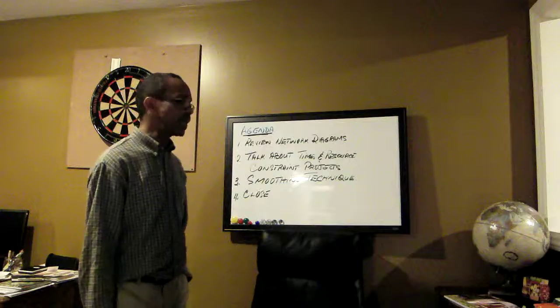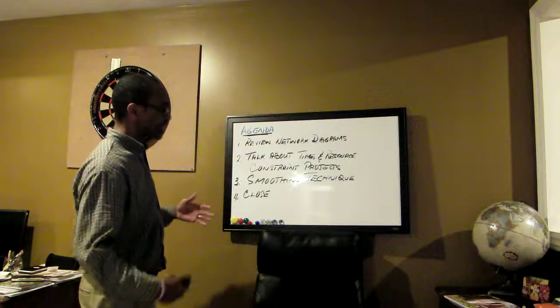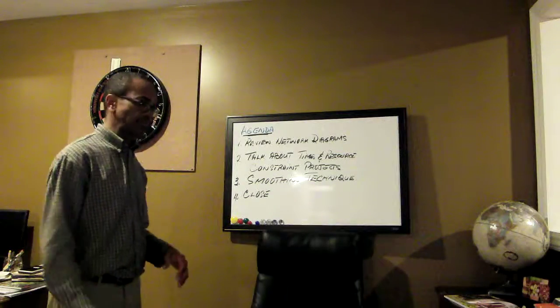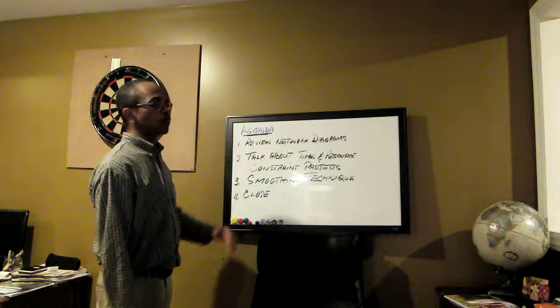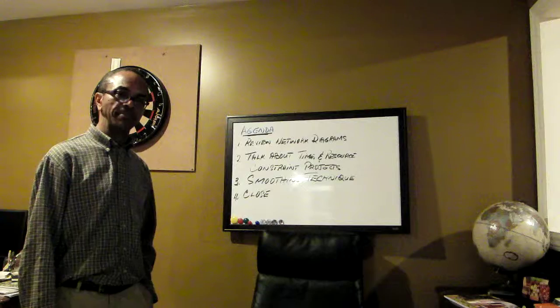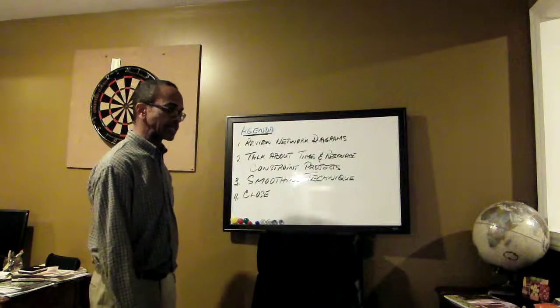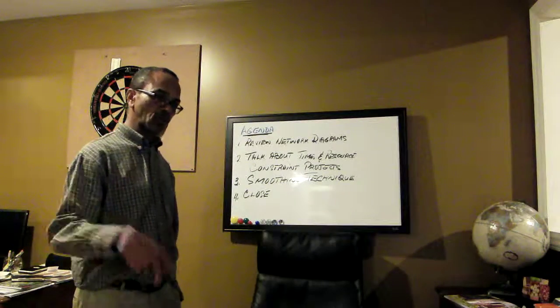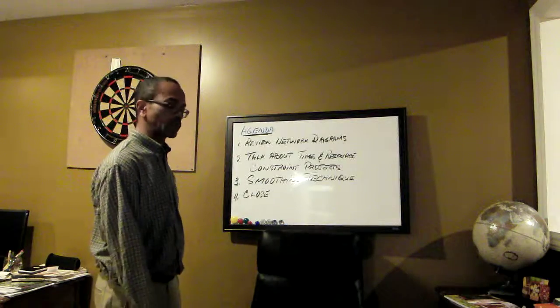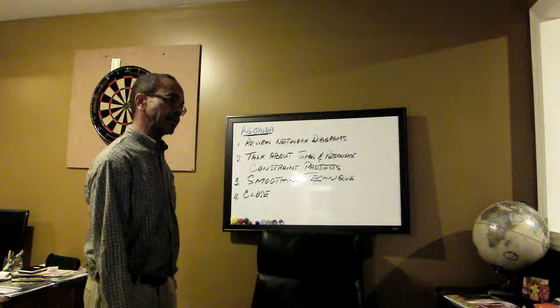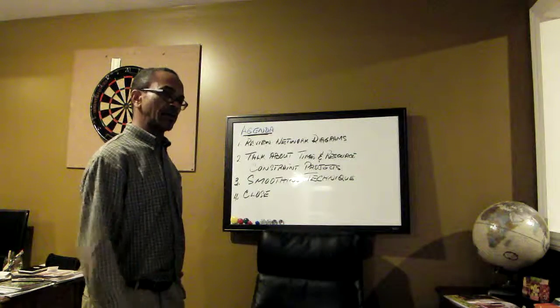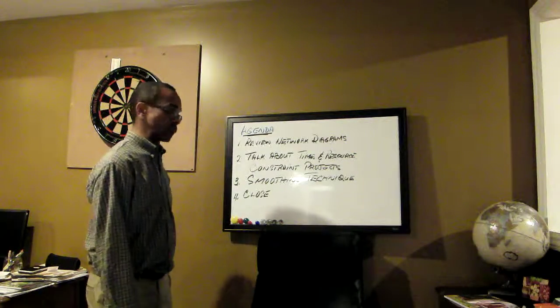Our agenda for today, these are the things I wish to cover during this 15-minute session. Review our network diagram, topic we covered in the last session. Just want to make sure that we have a good grasp, a good understanding of network diagrams in order to go forward to understanding how to deal with projects that are constrained.